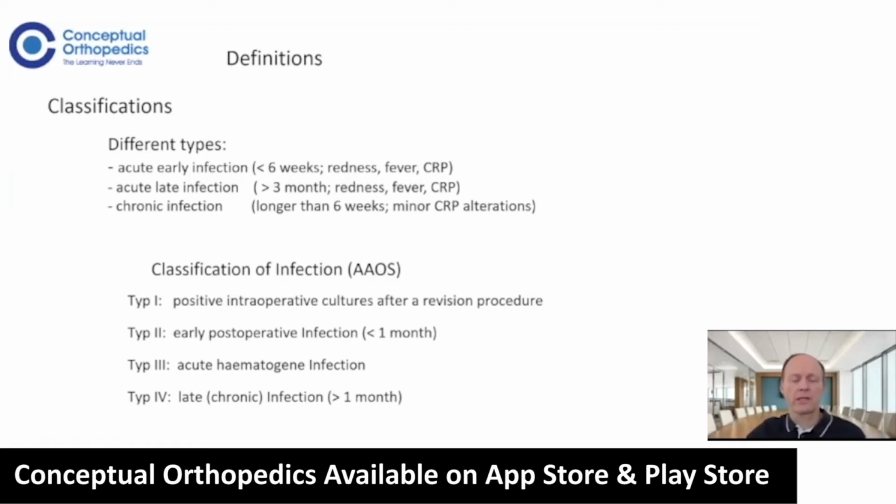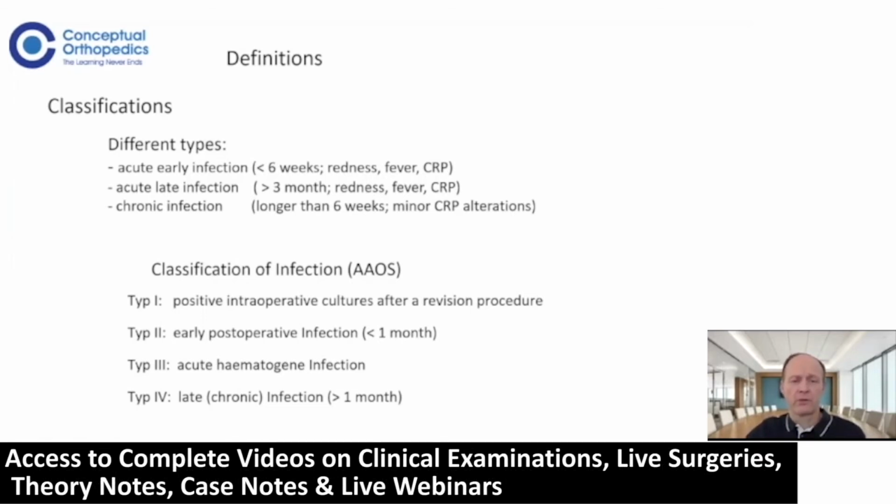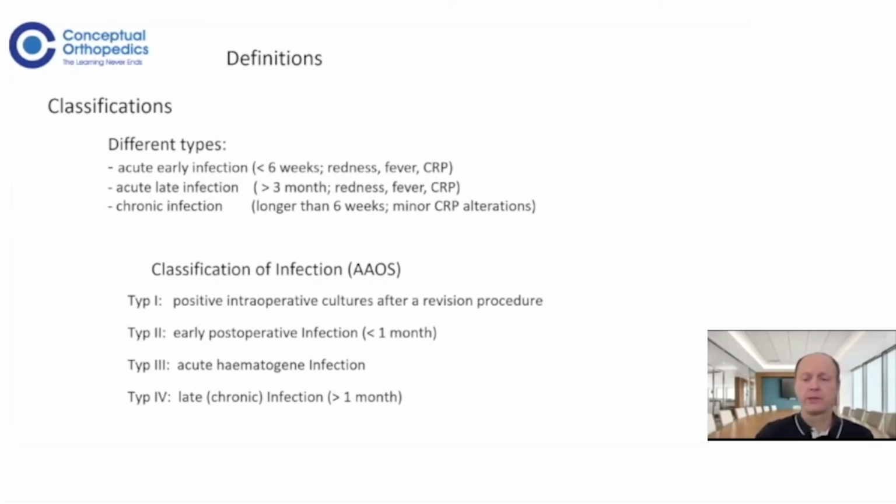And the rest is very much the same. Like you see above, type 2 is an acute early infection, type 3 is the acute late or hematogenous infection, and type 4 the chronic infection. The time frames are a bit different. In the older one it was 6 weeks, now it's shorter than a month, and more recent publications on classifications have shortened that period to 2 or 3 weeks.